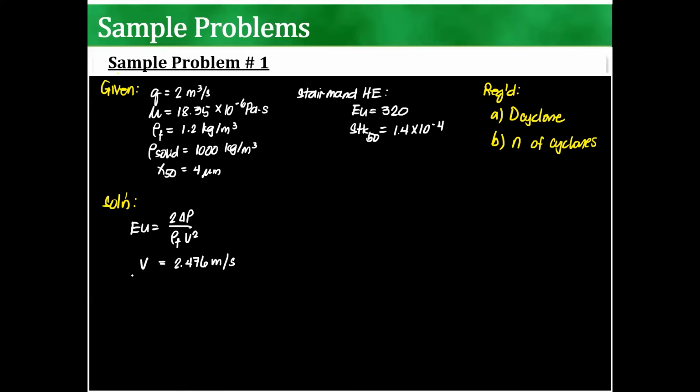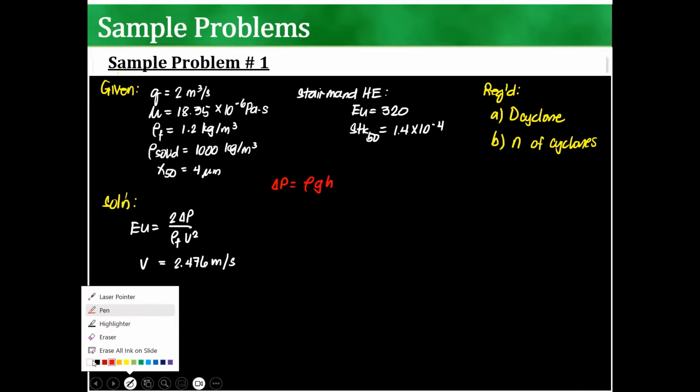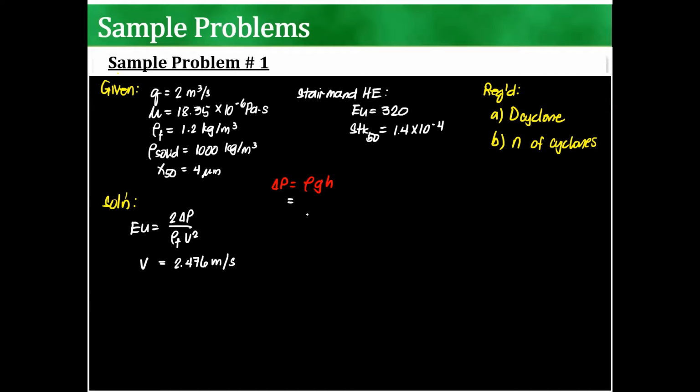Now, some of you are asking, how is the delta P solved? Take note that earlier I said delta P is rho g h. The rho, we don't have a problem, that's just 1.2 kilograms per cubic meter. This is 9.8 meters per second squared. Some of you are asking, what is the H?